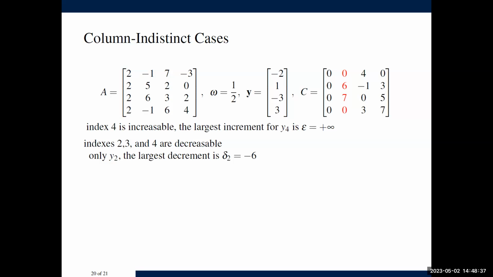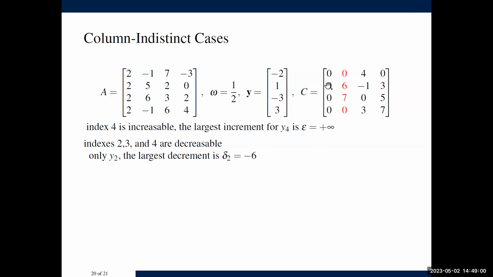So the first one is, how about when we only decrease the second element, which is y2, which is this number 1, and now the largest decrement is minus 6. Why? When we decrease this one, this 0 must be negative. Now we have to be careful with this one.